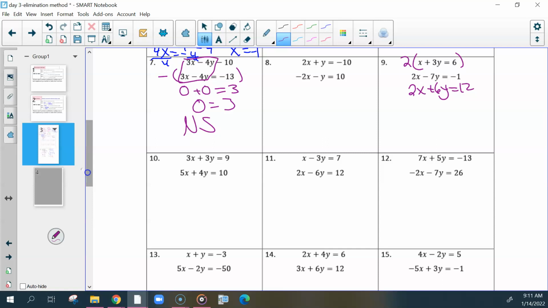Now I can say that our x's have the same coefficient, so we can subtract these two to eliminate them. 2x minus 2x would be 0. Negative 7y minus 6y would be negative 13y. Negative 1 minus 12 would be negative 13. And then we could divide both sides by negative 13.